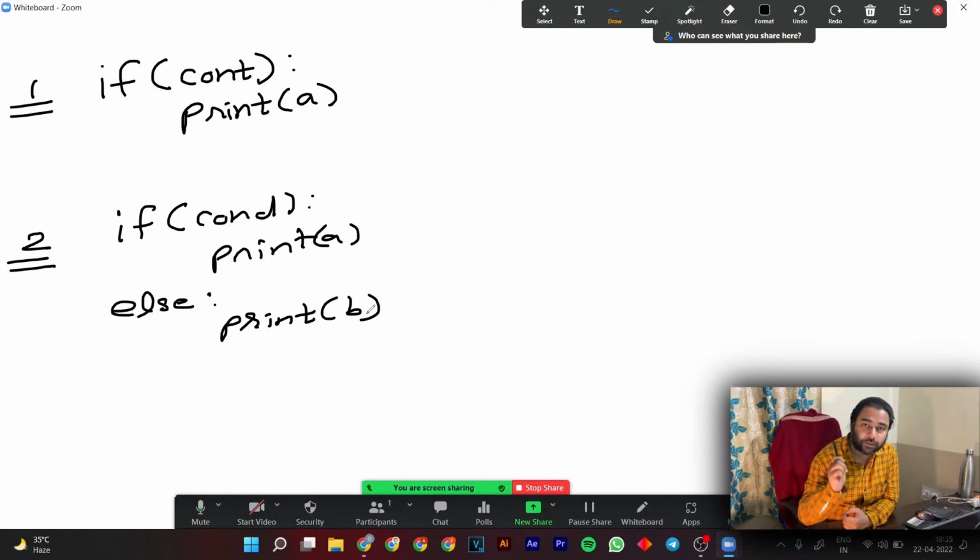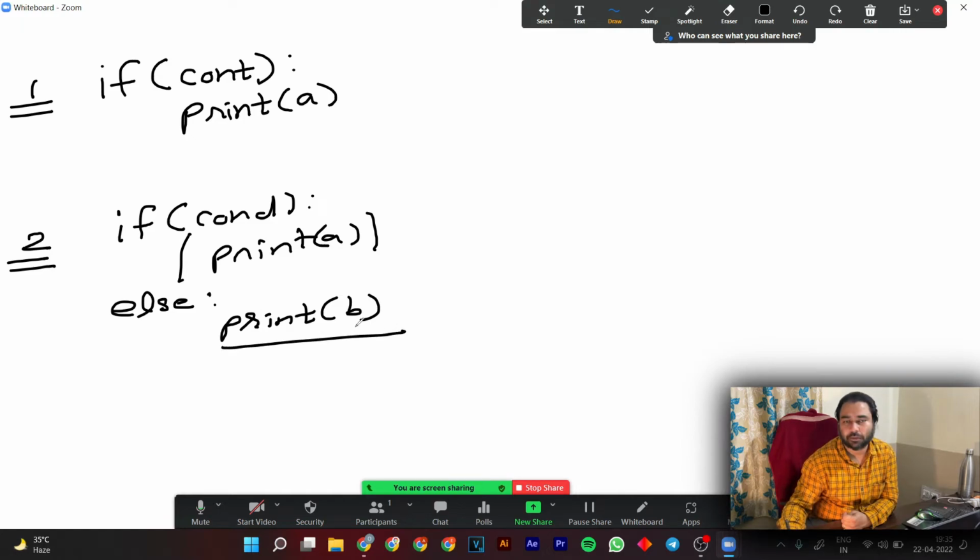If else has the true part and the false part. The if part is the true part and the else part is the false part. What does this mean? This means that if the if condition evaluates to true, then this true block will be executed, and if it evaluates to false, then the else part will be executed. It's just like the C++ and Java that you have studied.